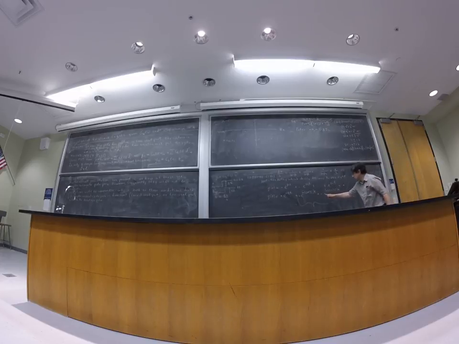So these two will combine to something e to the minus 10t sine 7t plus something e to the minus 10t cosine 7t.